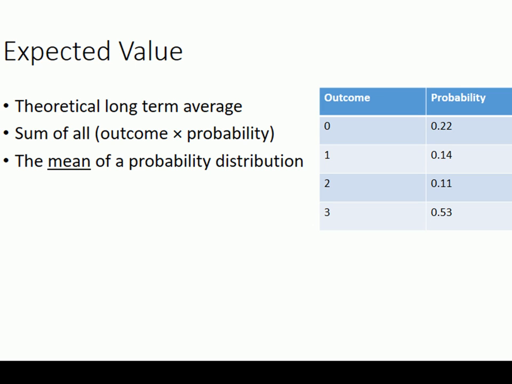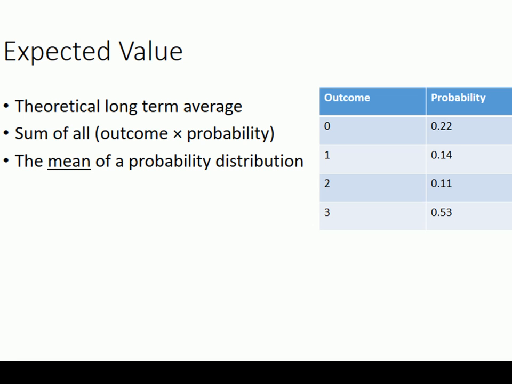What I mean by that is, if we were to imagine the four-sided die that is displayed here, which comes up as 0, 1, 2, or 3 with those associated probabilities, and you were to roll it again and again, forever, and then take an average value, that would be the expected value, the average of all of those rolls.